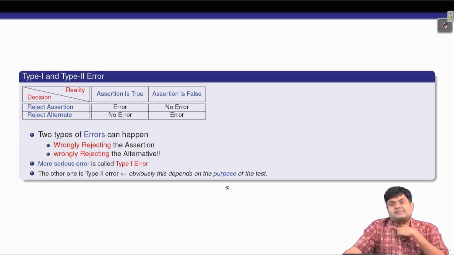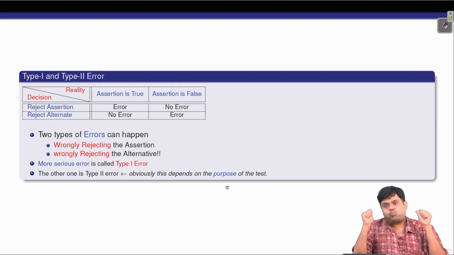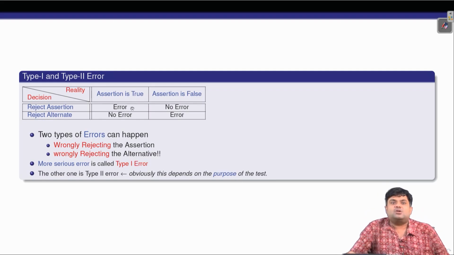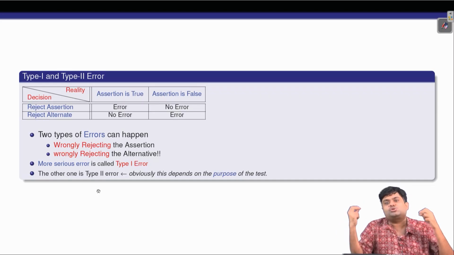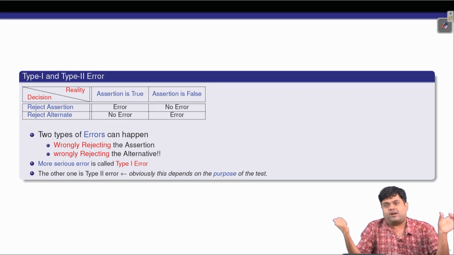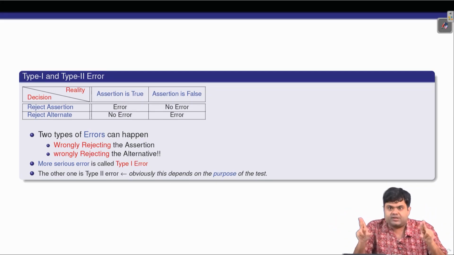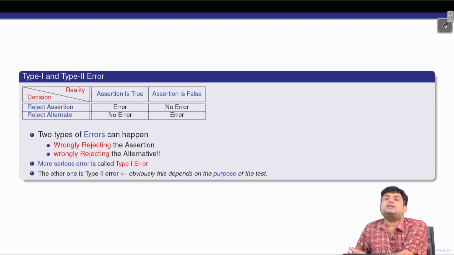The more serious error, we name it as type 1 error. Amongst these two statements, whose wrong rejection leads to the type 1 error, the more serious error, we start with that as our assertion and design the test.